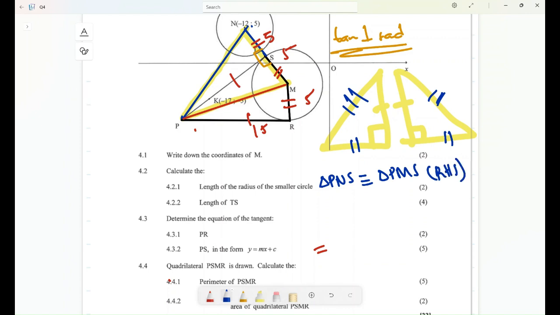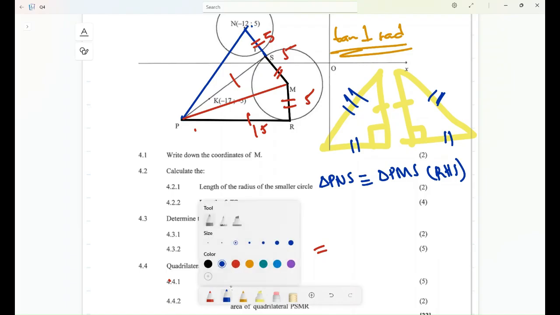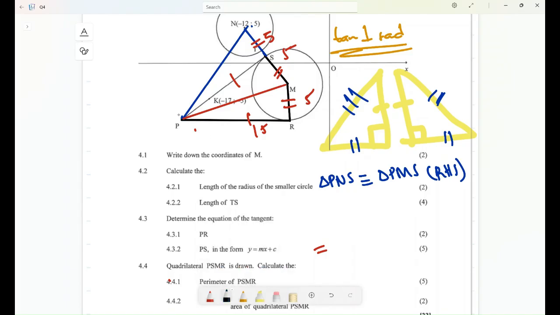But now I want you to also see this triangle here. I'm gonna return something here. If I'm having this part here, I want you to see also in this triangle here, in these two triangles.